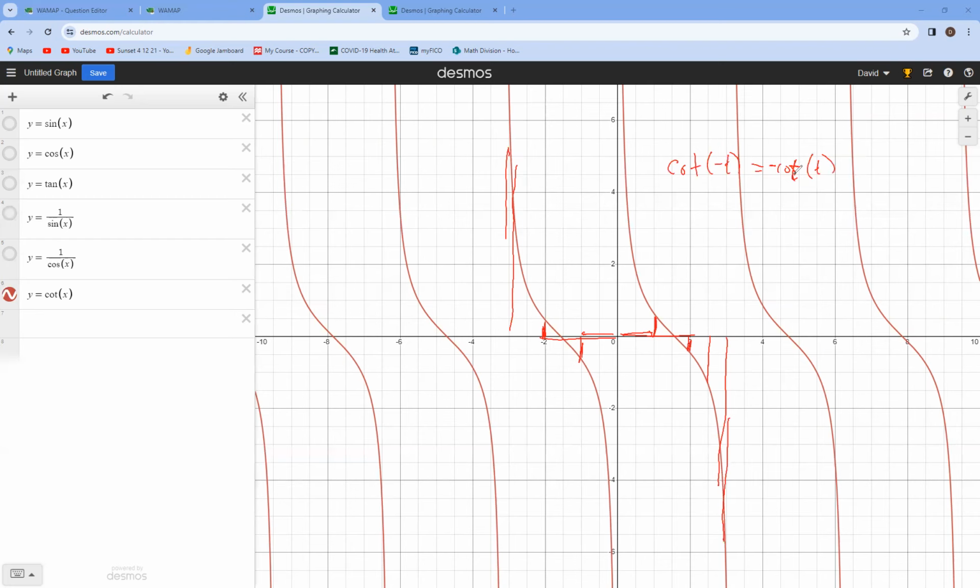Everything changes sign except for cosine and secant. That negative sign just disappears. But with cotangent and all of the others, if you've got a negative angle, you can bring that negative outside and swap the sign.